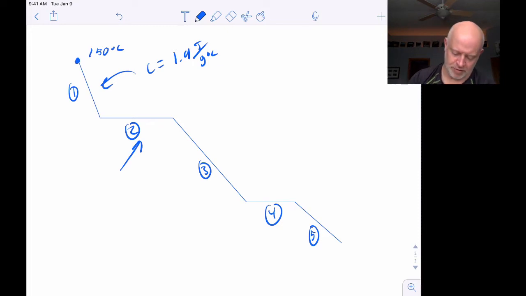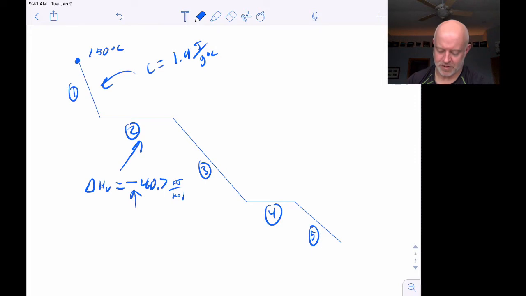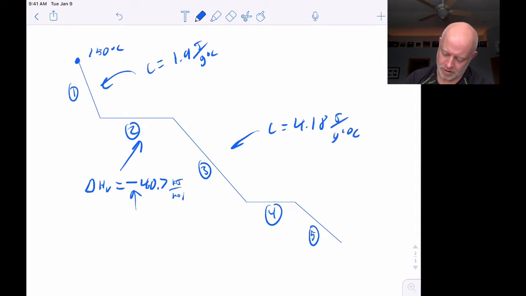It's 40.7, but my ΔH of vaporization is going to be negative 40.7 kilojoules per mole. It's negative because I'm condensing, not vaporizing. In this leg, my C value is going to be water's, so 4.18 joules per gram degree Celsius, which we're comfortable with by this point.